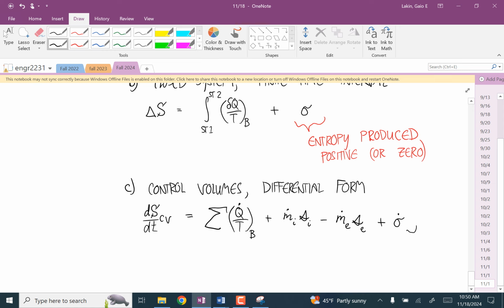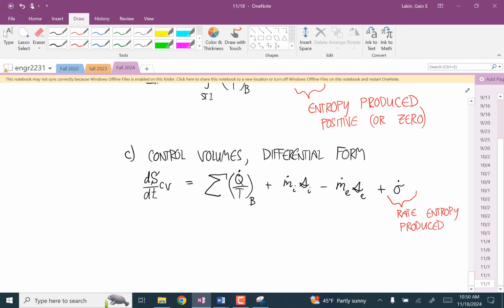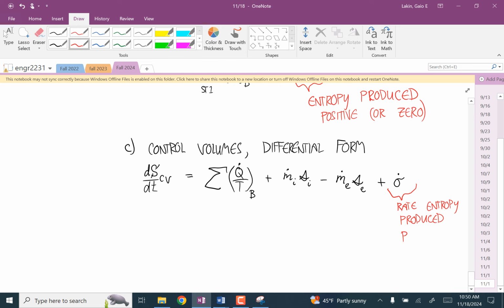And this sigma dot again is the rate of entropy produced. And again, this has to be positive or 0.